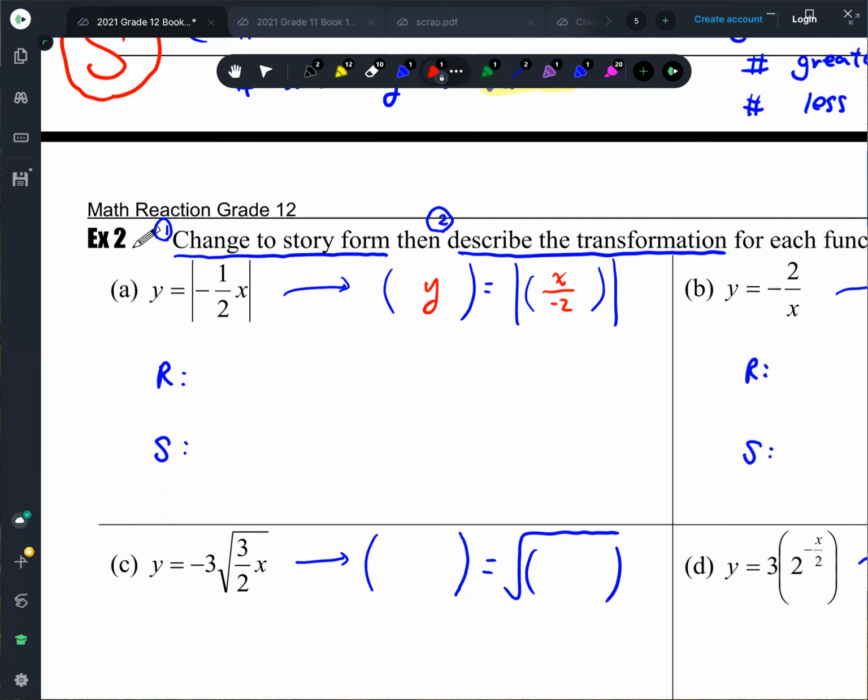You are not changing the equation. It's still the same equation. Half x is the same as x over 2. Negative, you can put it under or put it on the side, doesn't matter. Okay, let's check the standard form for B. Jocelyn, what's the R?